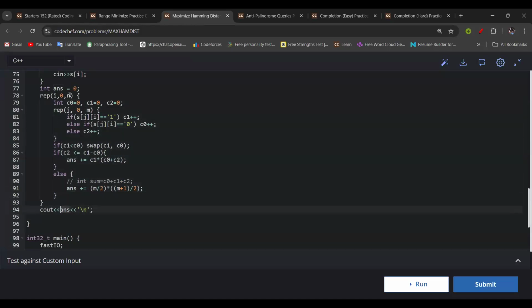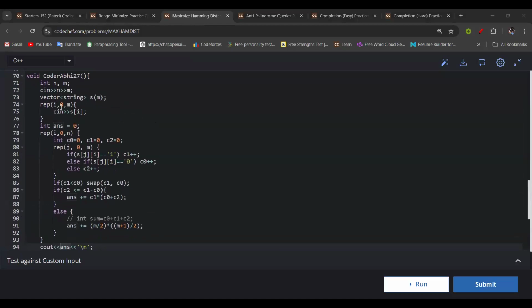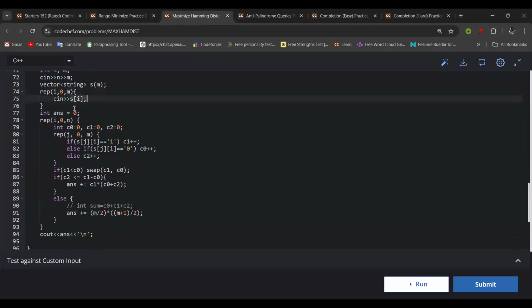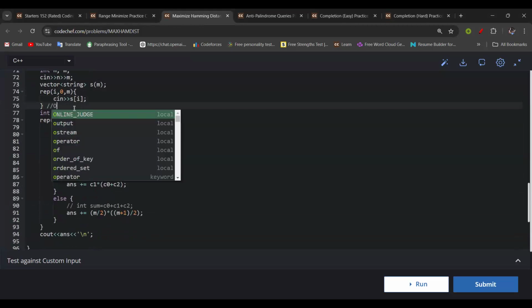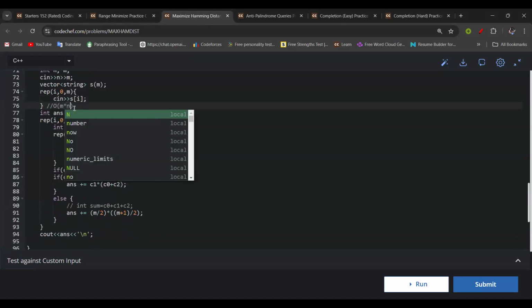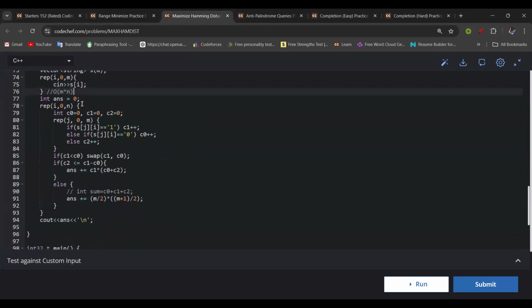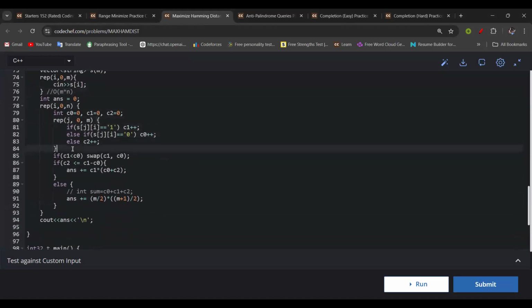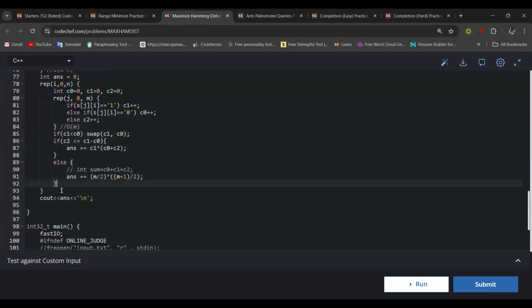Okay, what would be the time complexity if you look at the code? This input part is m times we are taking an n size string, so this input part is O of m into n. Then this loop is running m times. These are O of 1 operations, constant operations, and the whole thing is running n times.